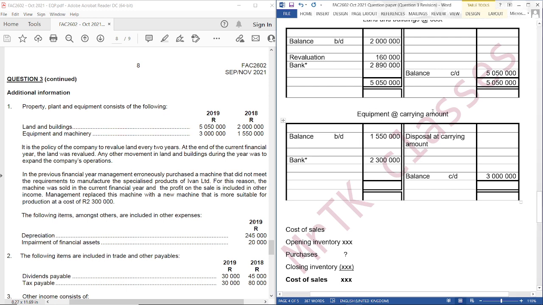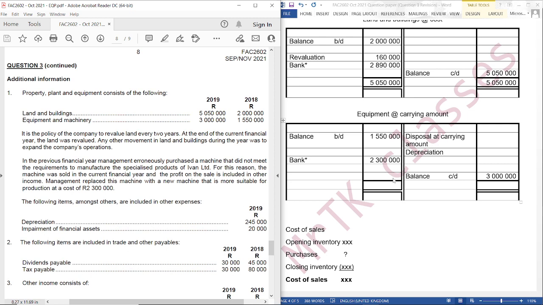But because this account is at carrying amount, we should also decrease this account with our amount of depreciation, which is 245,000. You know that carrying amount means cost subtract accumulated depreciation. So we should credit depreciation in that account, right? So we are only left with this.